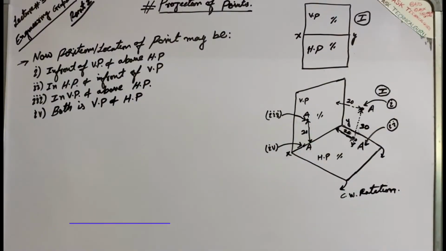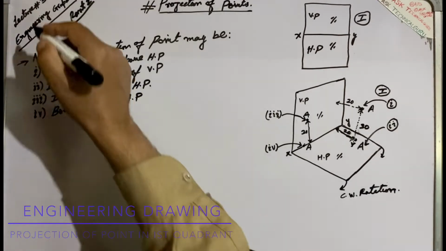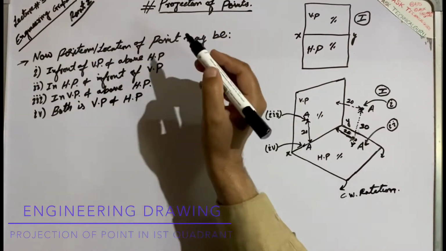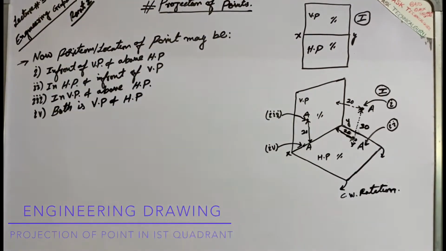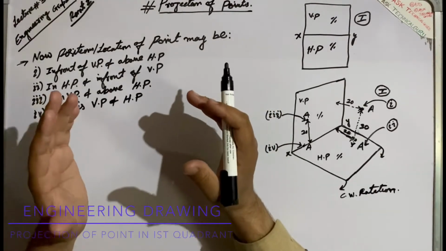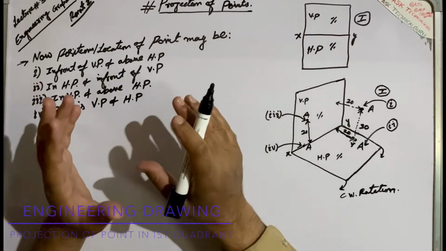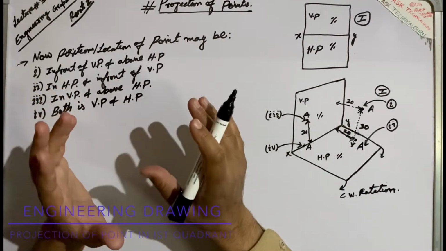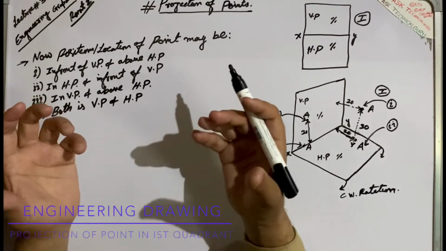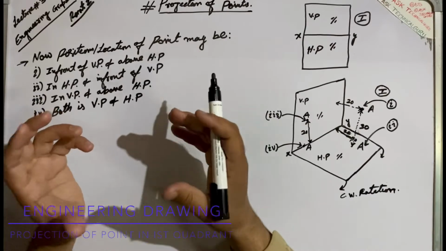Everyone, this is the engineering graphics class, lecture number 3, and this is part 2 of the projection of points. We have in the previous two lectures discussed the quadrant system and how the three-dimensional view of the quadrant system is made and how the two-dimensional form of that is made.